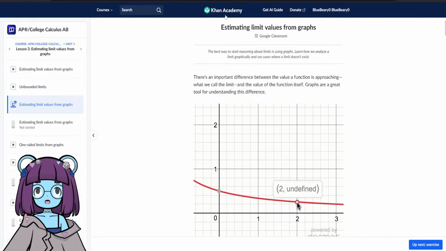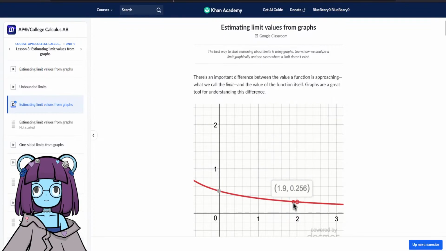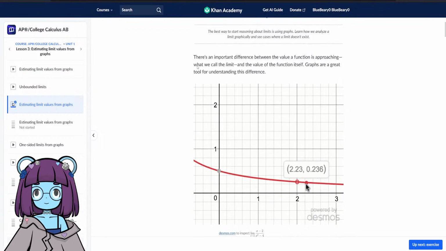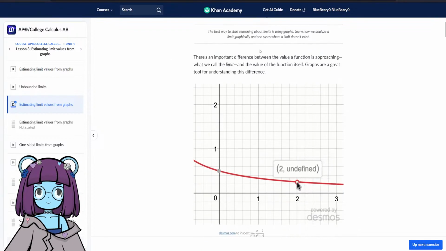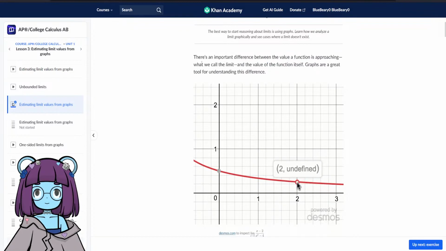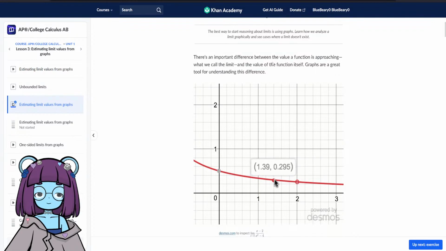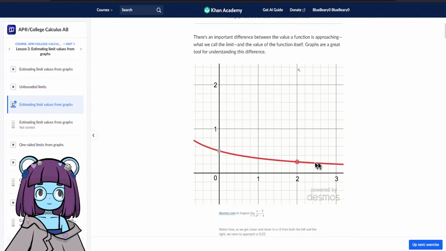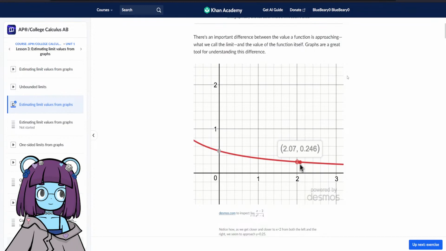Estimating limits. Limit values from graphs. There's an important difference between the value a function is approaching, what we call a limit, and the value of a function itself. Yes, we learned this in the previous section already.